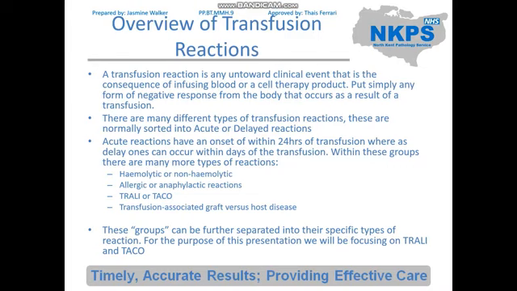You've then got allergic or anaphylactic reactions, so that tends to be with rashes, redness, etc. You've got TRALI and TACO, which obviously we're talking about today, and you've got transfusion-associated graft versus host disease. There are a couple of others, so you've got things like bacterial contamination, etc. But as I said, we're going to talk about them in another talk. So these can then obviously be separated into their specific types of reactions. We're going through TRALI and TACO today.